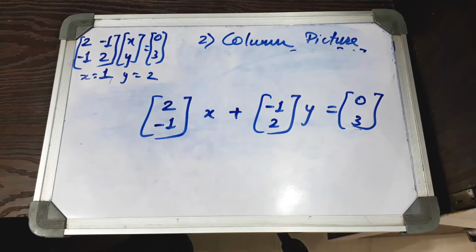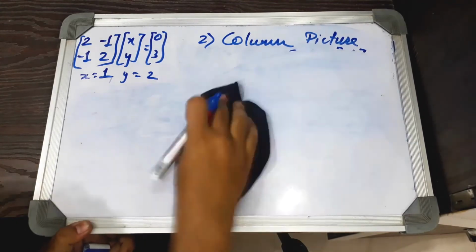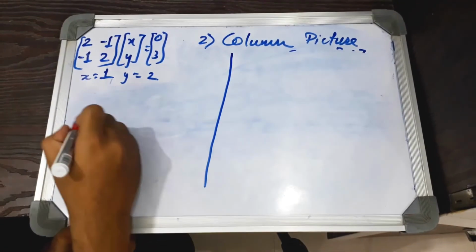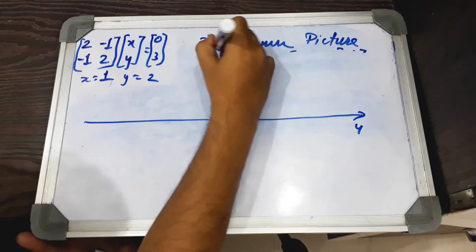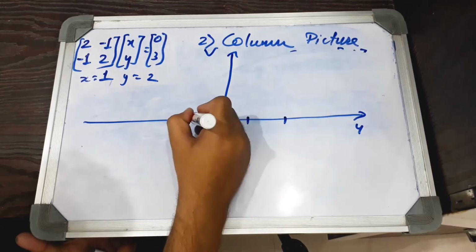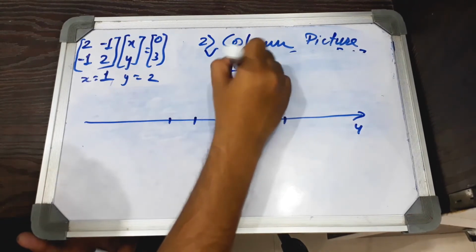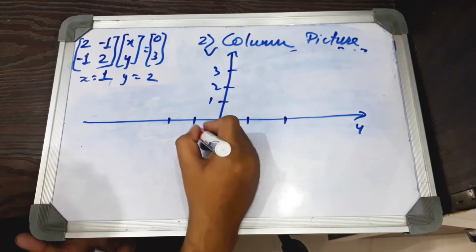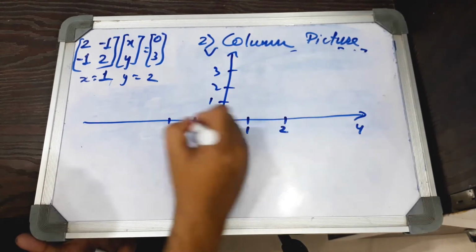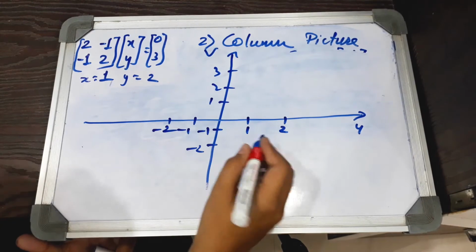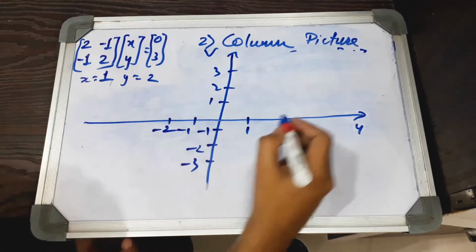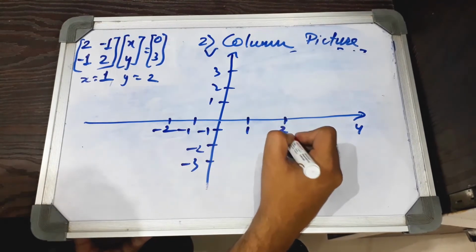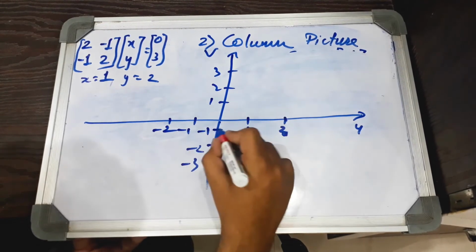Just remember this if you can, and we are going to solve this on a separate coordinate system, maybe u and v, and that does not matter much. So the first column is 2 minus 1, so we go 2 here and minus 1 down, so this is the point, right?